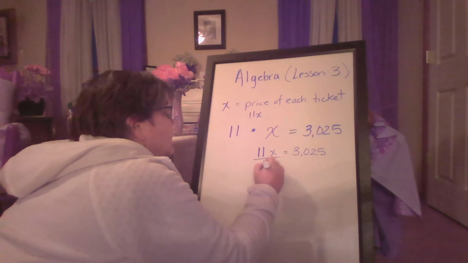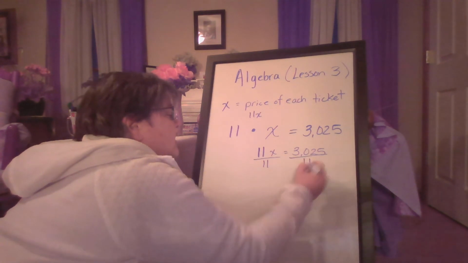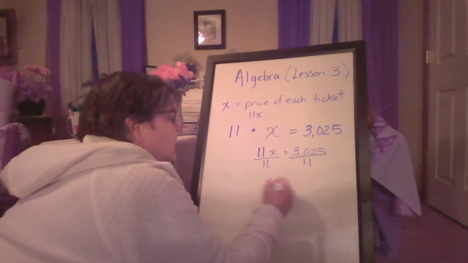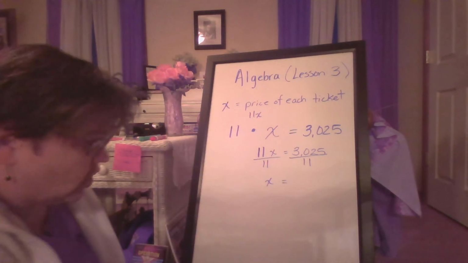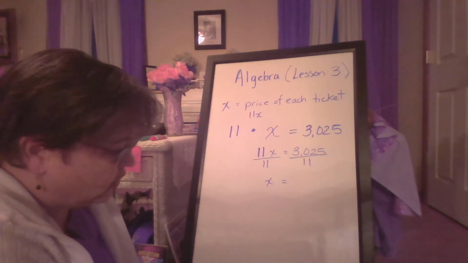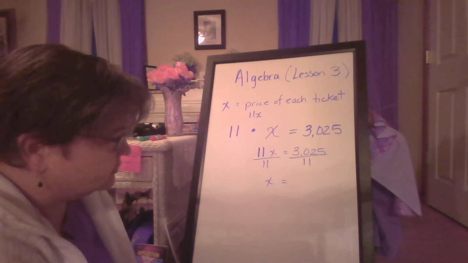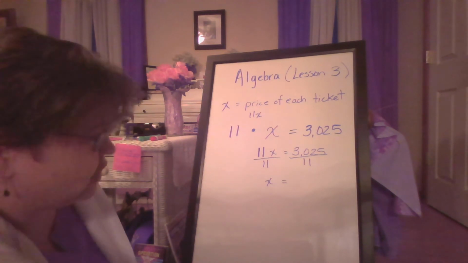If I divide both sides by 11, I will find out how much each of those tickets cost. Now, I'm going to tell you, 11 goes into 32 times.